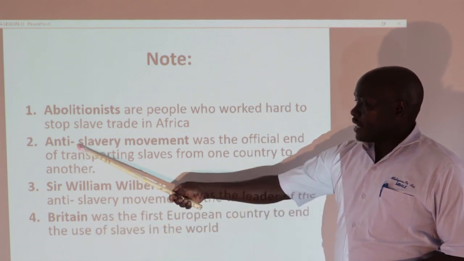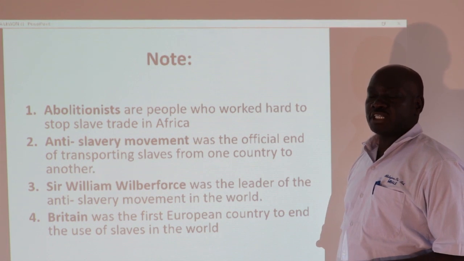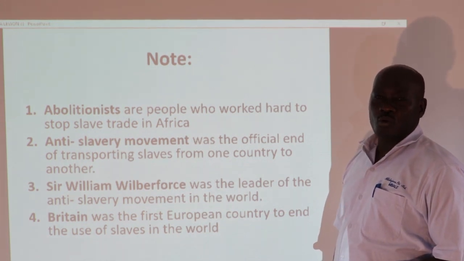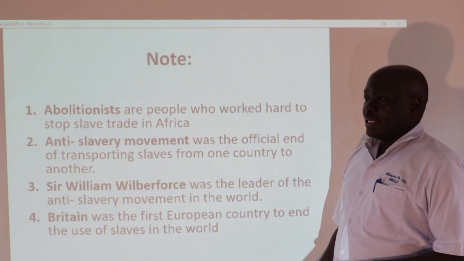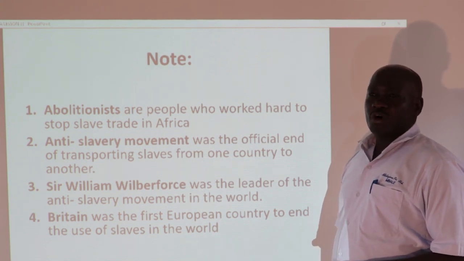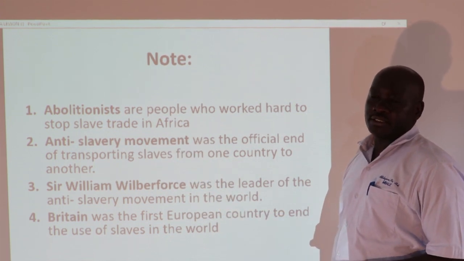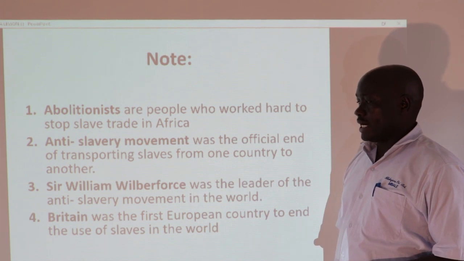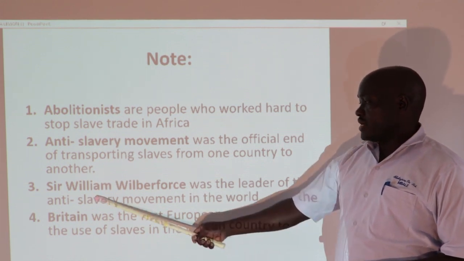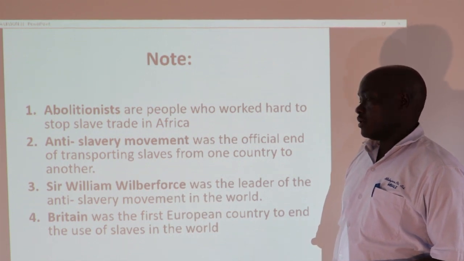Then we have the anti-slavery movement, whose official aim was to stop the transporting of slaves from one country to another. So Sir Wilberforce was the leader of the anti-slavery movement in the world. He worked hard to make sure that slave trade was brought to an end.